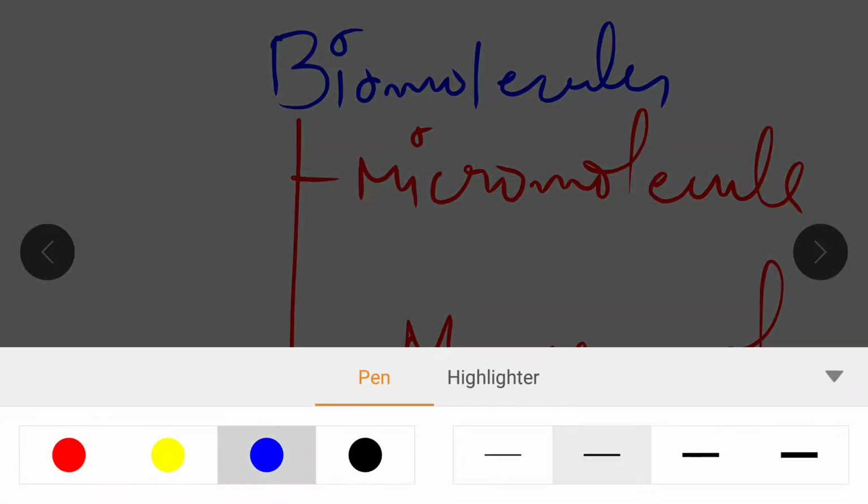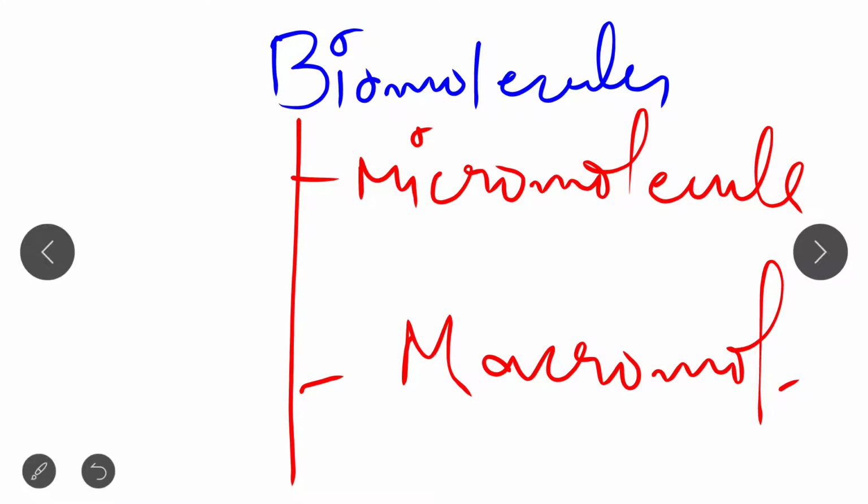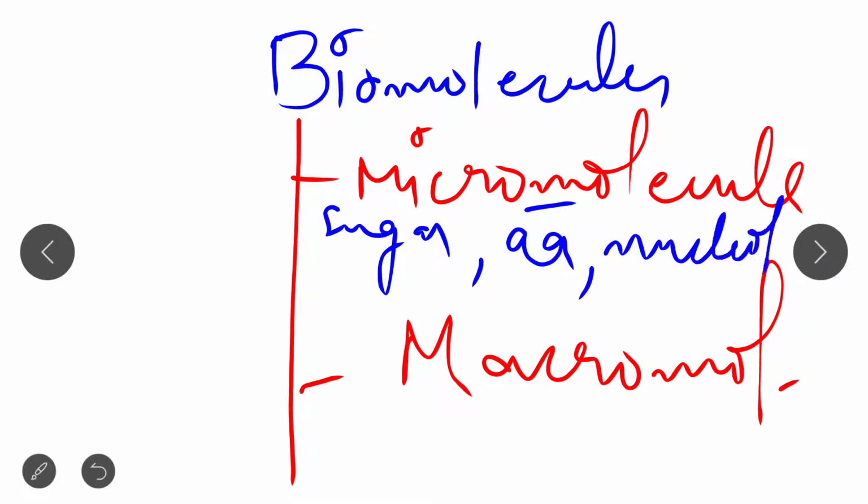What are examples of micromolecules? Micromolecules such as sugars, amino acids, nucleotides, and fatty acids, and many more. It means these are the small molecules.